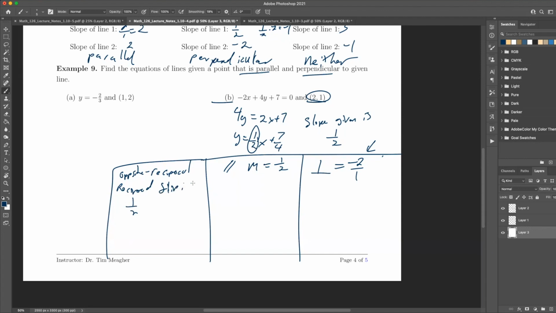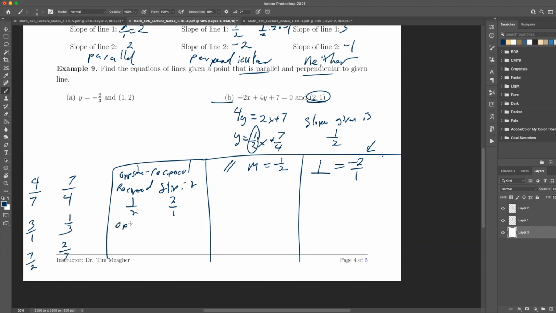Basically, flip it, so 1/2 would become 2. And a bunch of other examples: the reciprocal of 4/7 would be 7/4. The reciprocal of 3 would be 1/3, because you can write 3/1 technically. The reciprocal of 7/2 would be 2/7. So the reciprocal is just whatever the fraction is, you flip the top and the bottom. The numerator becomes the denominator, and the denominator becomes the numerator.